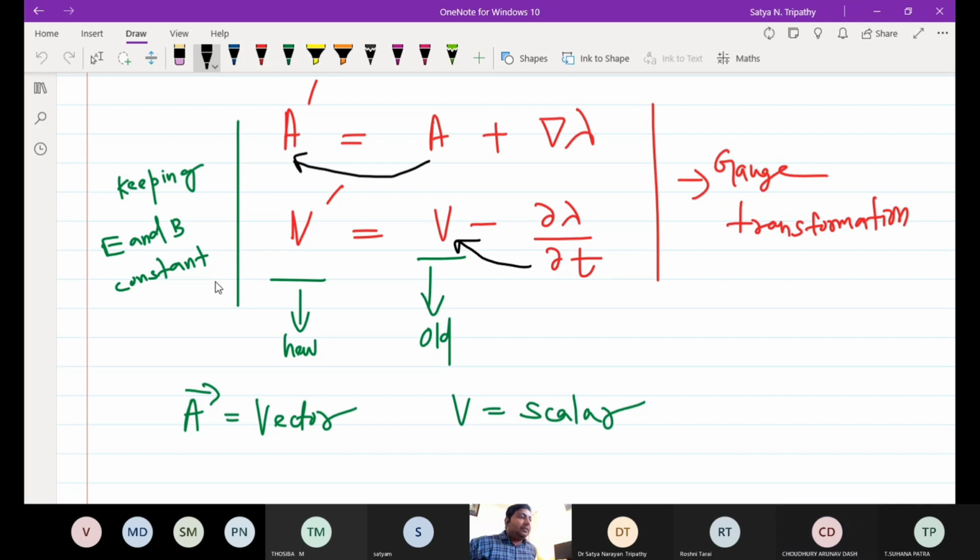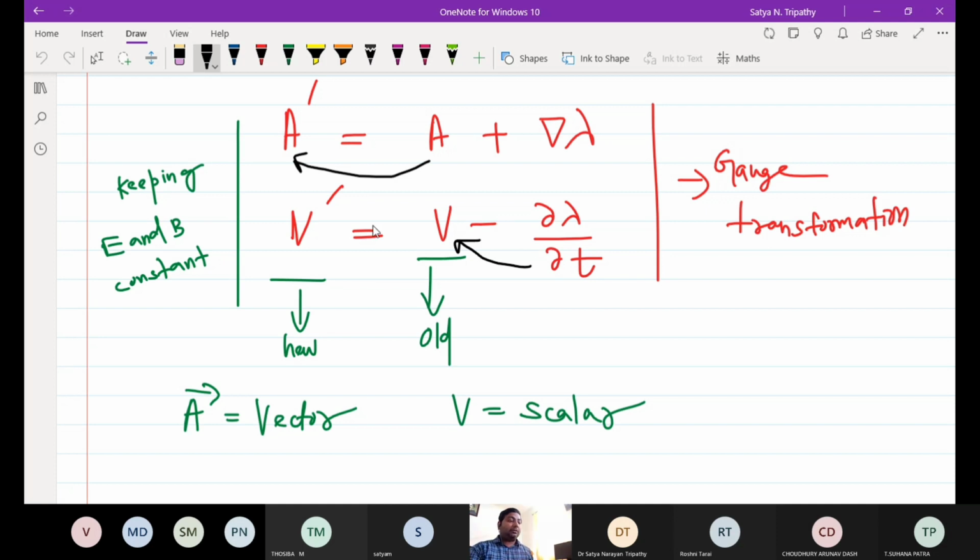So the way of doing this gauge transformation is, if you have a scalar function lambda, you add its gradient to the old vector potential and it gives you the new vector potential, but you also have to subtract d lambda by dt from the scalar potential, which gives you the electric field. How much you add here, you have to subtract this amount from the potential.